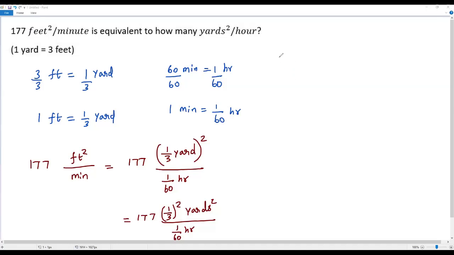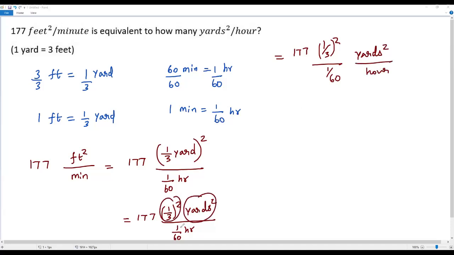In my next step: 177 times 1 over 3 the whole square over 1 over 60, and yard square over hour. I wrote this separately in the numerator, and the same in the denominator, so that I get the units yard square per hour, which is what we need according to the question.